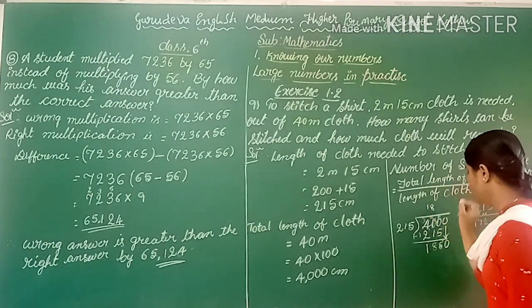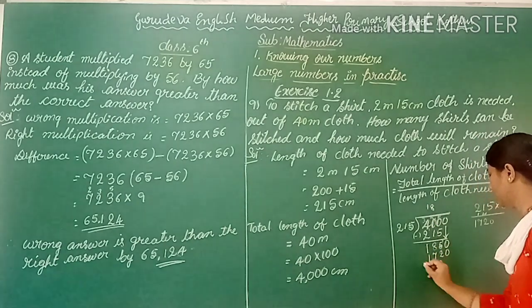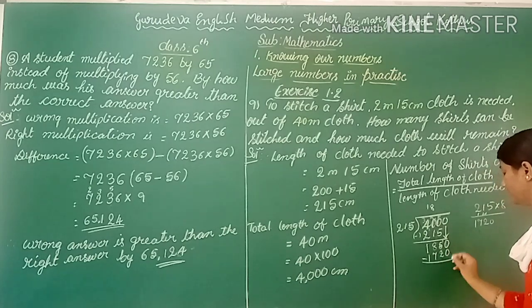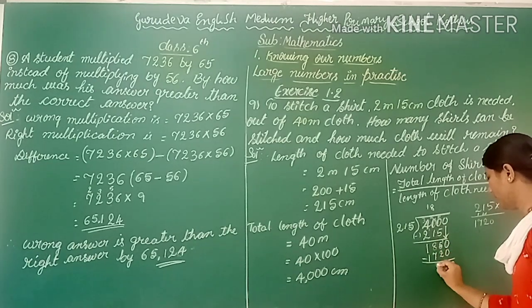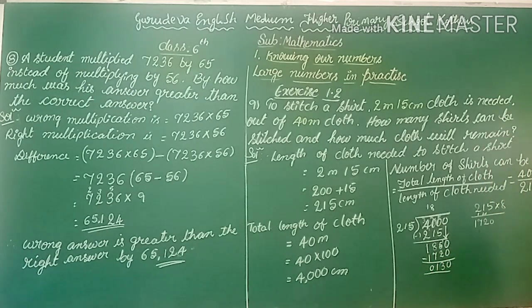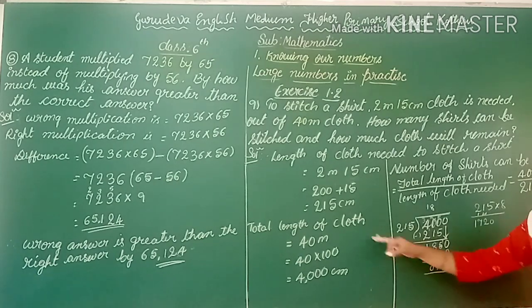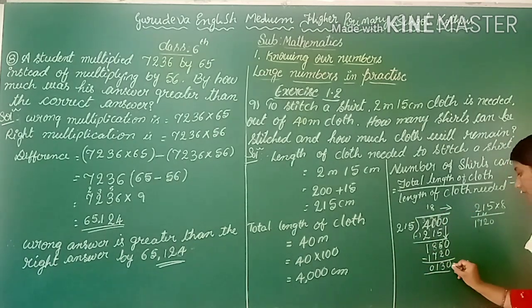Then take 18,720... then subtract: 0 minus 0, 5 minus 2 is 3, 8 minus 7 is 1. Then 0. So how many shirts can we stitch using the 40 meter cloth? That is 18. Then the remaining cloth is 130 centimeters.